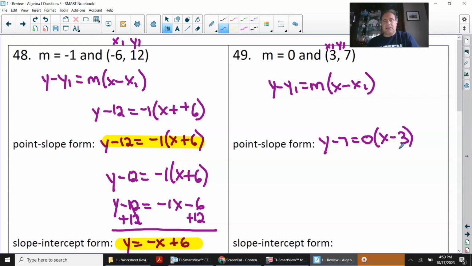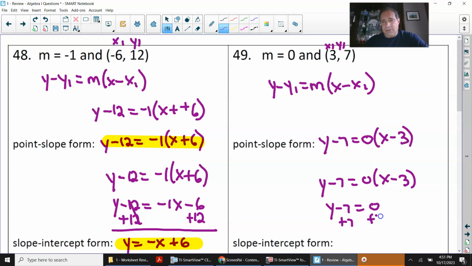I'm going to rewrite it as y minus 7 equals 0 times x minus 3, just so I could distribute. So this is y minus 7. 0 times anything, I don't have the distributive property. It's not 0x. It's just 0. 0 times anything is 0. So you're adding 7 on both sides, and you get y equals 7. So this is slope-intercept form.